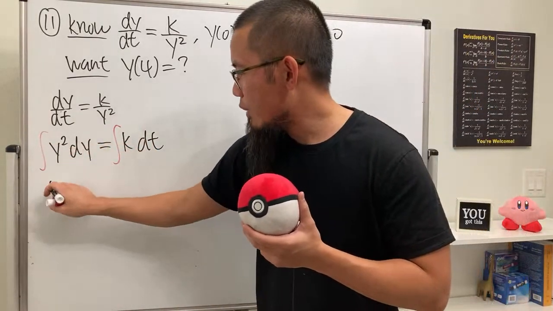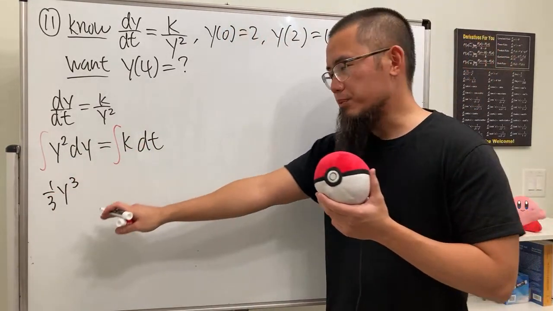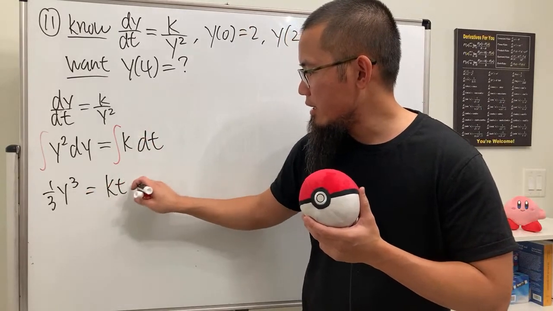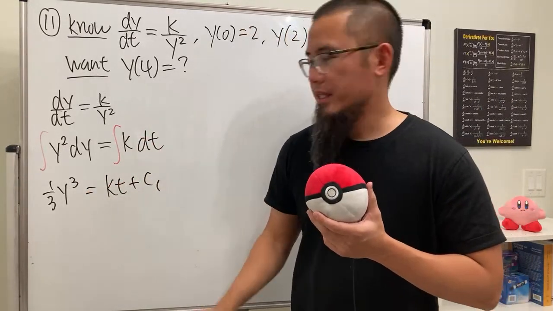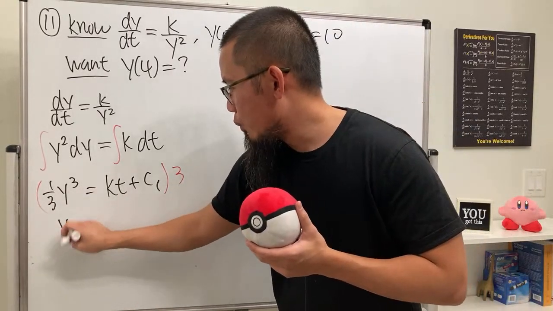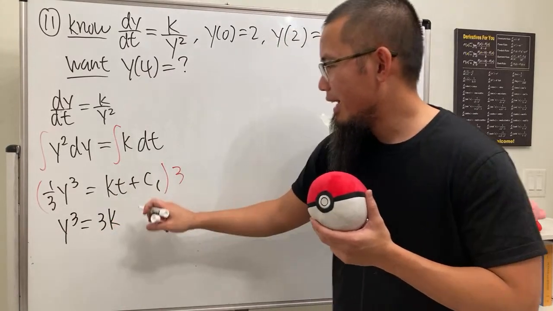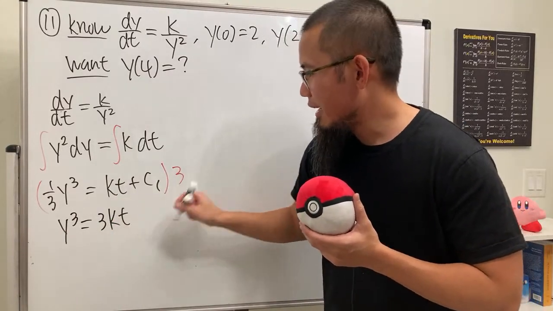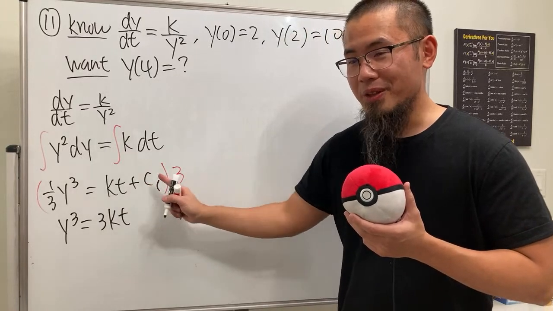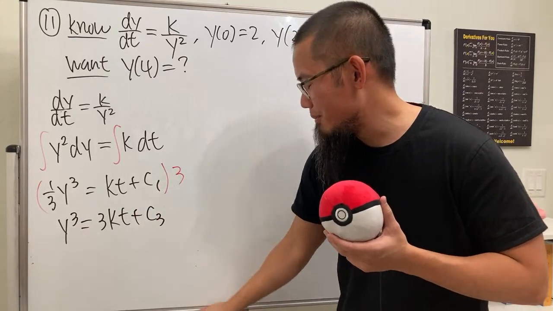The left-hand side gives 1/3 y to the third power, and you don't need to worry about the plus c, just put it on the right-hand side, where we get kt plus c1. Now multiply everybody by 3, so we get y to the third power equals 3k t, and c1 is a constant, 3 times a constant is just another constant, so we put plus c2.